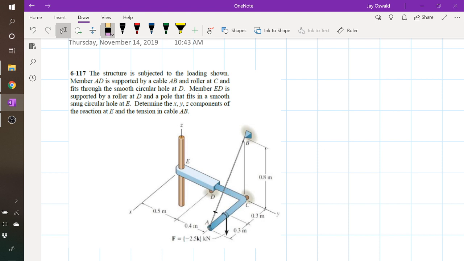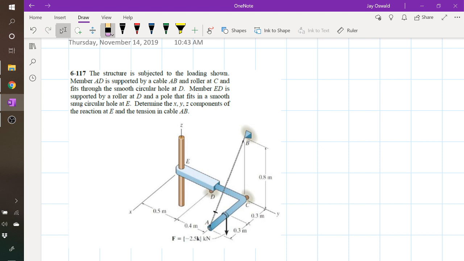So this one you have kind of like this bent pipe, which is ACD, and it fits kind of loosely into this holder ED, which is on a smooth rod that's brass or copper colored, right? So you could do it a couple different ways.